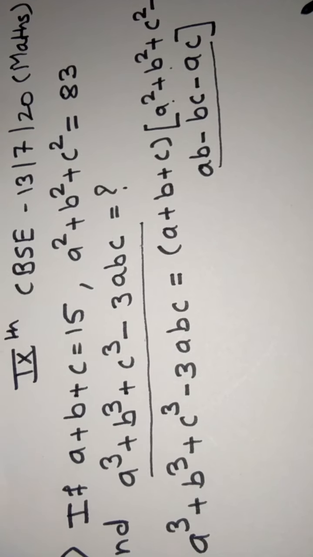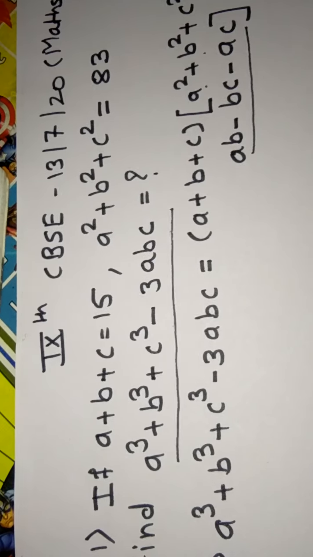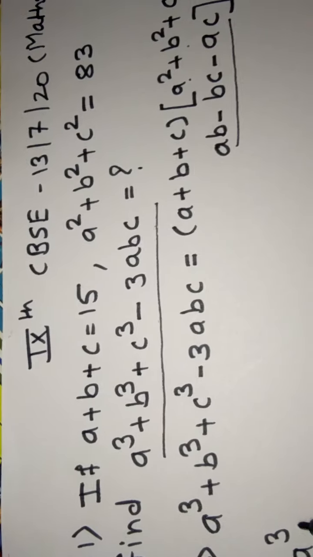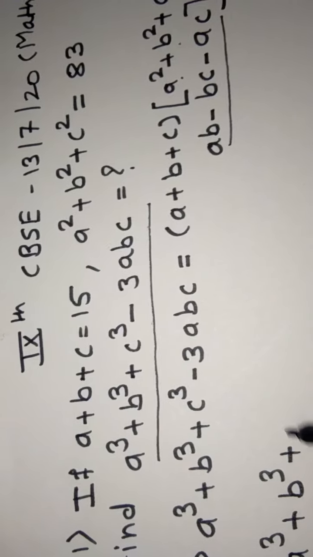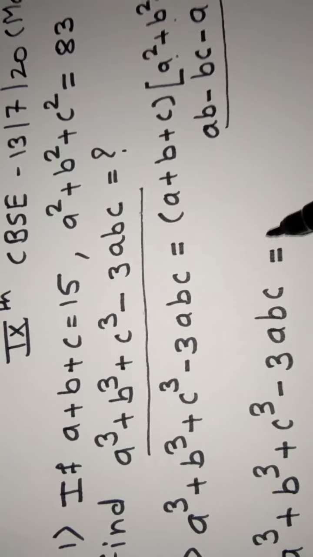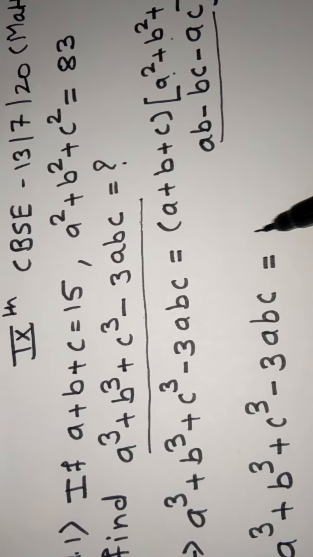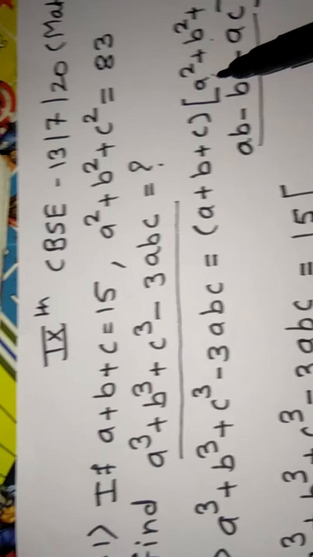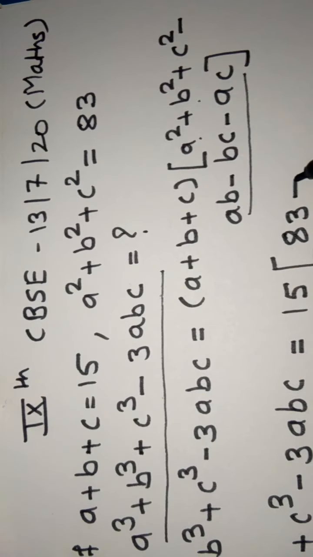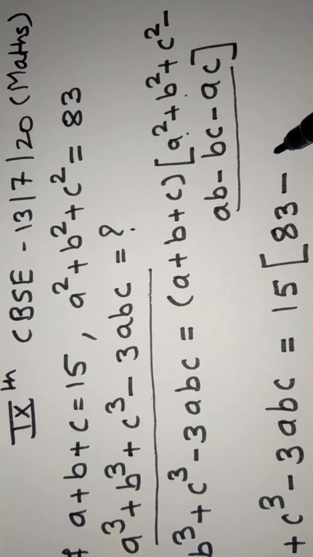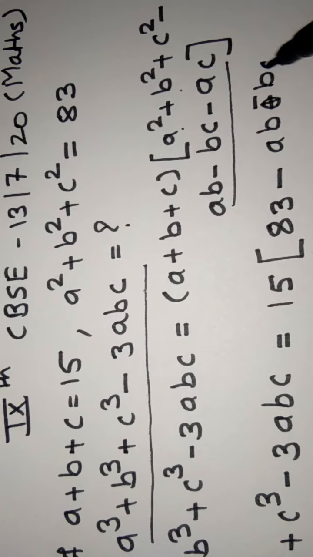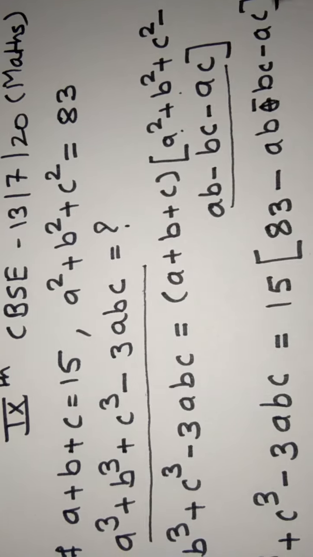We have one formula, but first put these values. Take it easy. A cube plus b cube plus c cube minus 3abc is equal to, the value of a plus b plus c is 15, and a square plus b square plus c square, the value is 83, minus ab minus bc minus ac.